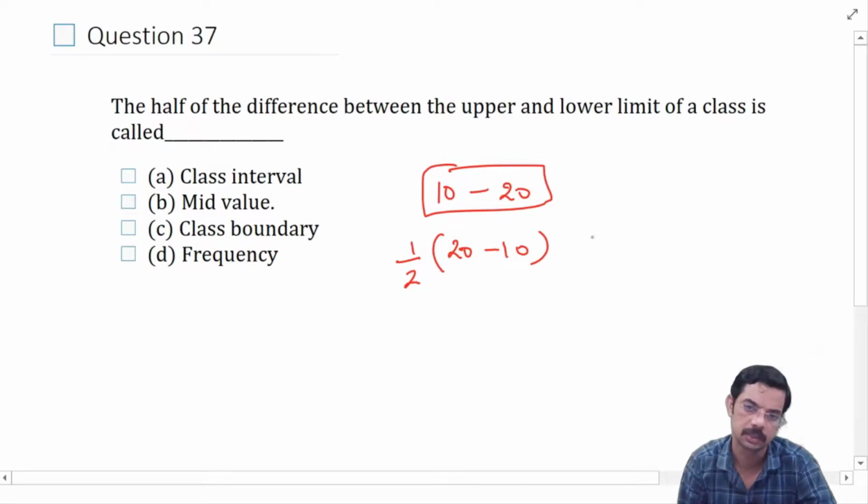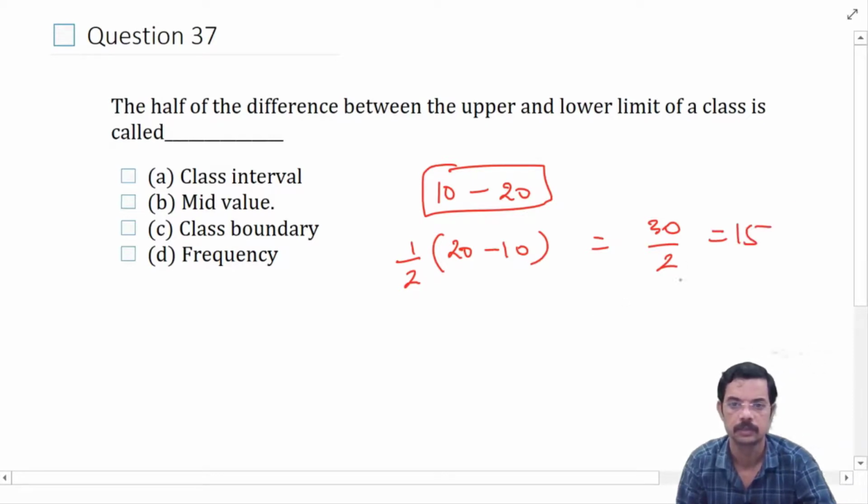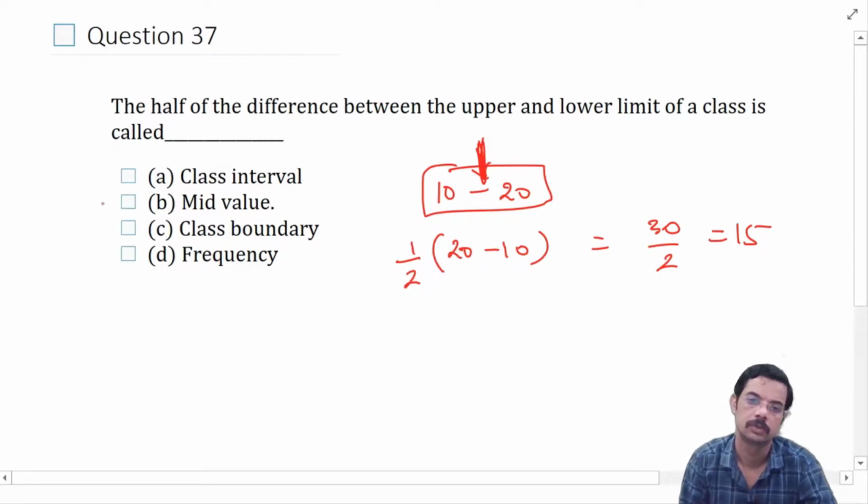In this case, 30 by 2, that is equal to 15, correct? What is 15? This is the mid value of this class. So, mid value or central value.